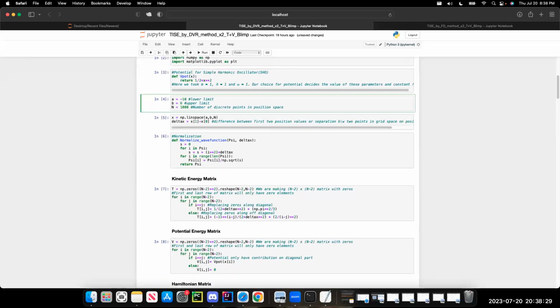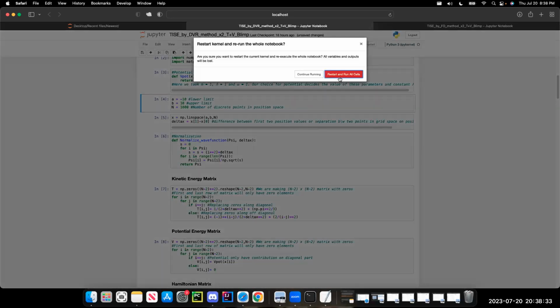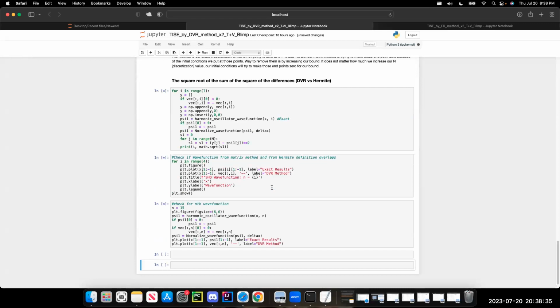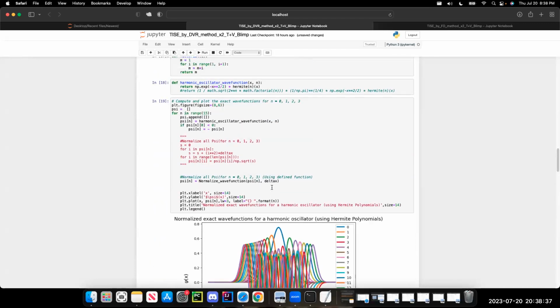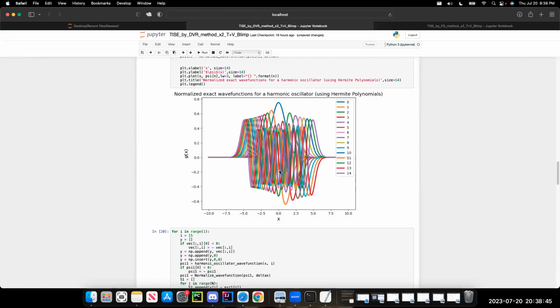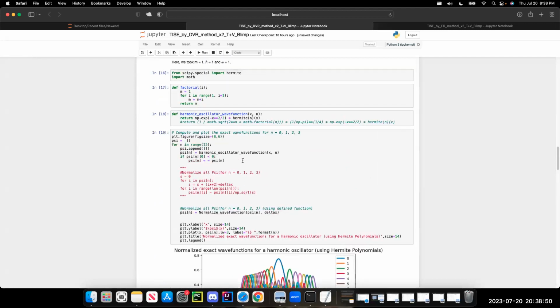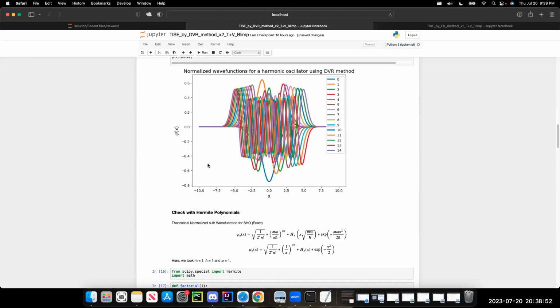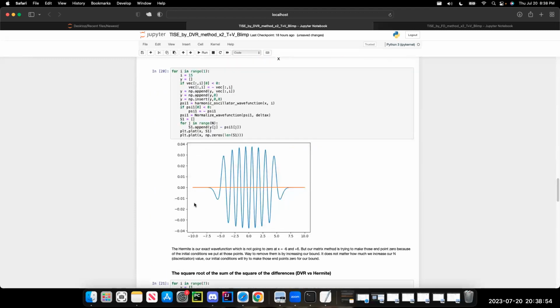So if we go from -10 to 10 in this case, and run every cell again, we do see that the wave functions are a bit more compressed here. We're looking at them from a broader scale, but now we're on the same page with what the DVR does, and we do have better, more precise results for converging at the endpoints.